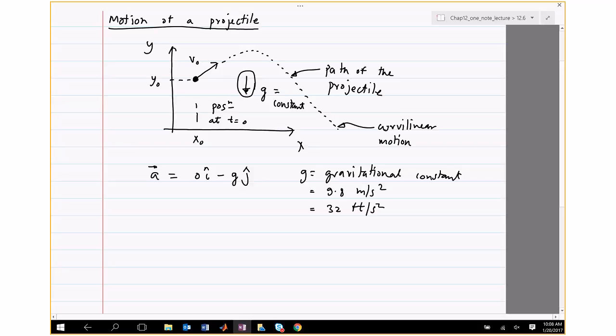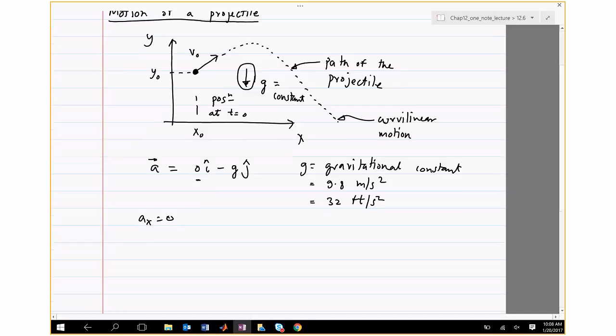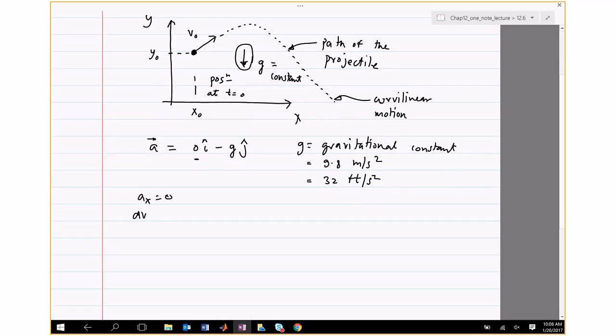Similar to what we did last time, we find the position by integrating the acceleration twice and the velocity by integrating the acceleration once. So let's find the velocity. ax, the x component of the acceleration, is dvx/dt equals 0.